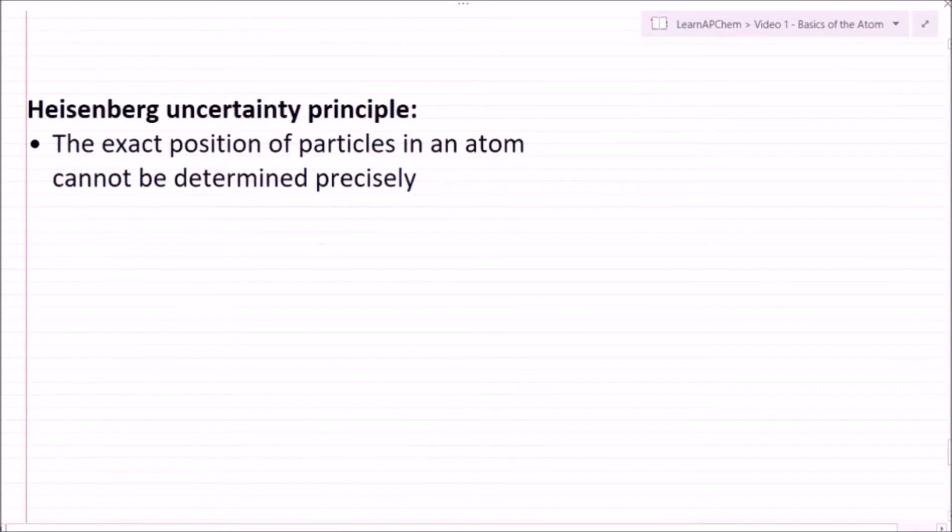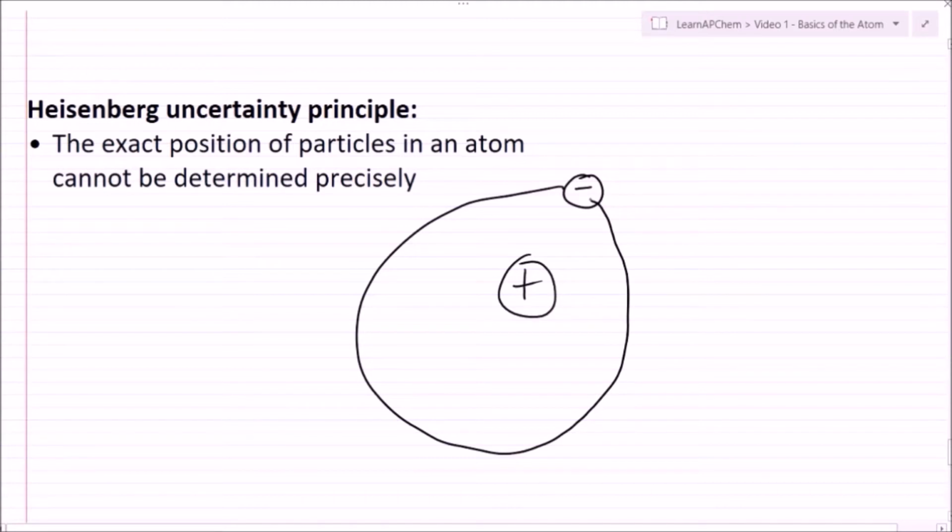Alright, let's talk about the Heisenberg Uncertainty Principle, which states that the exact position of particles in an atom cannot be determined precisely. So all this means is that, let's say we just have some atom, we'll say hydrogen here because this is pretty basic, we have the Bohr model.